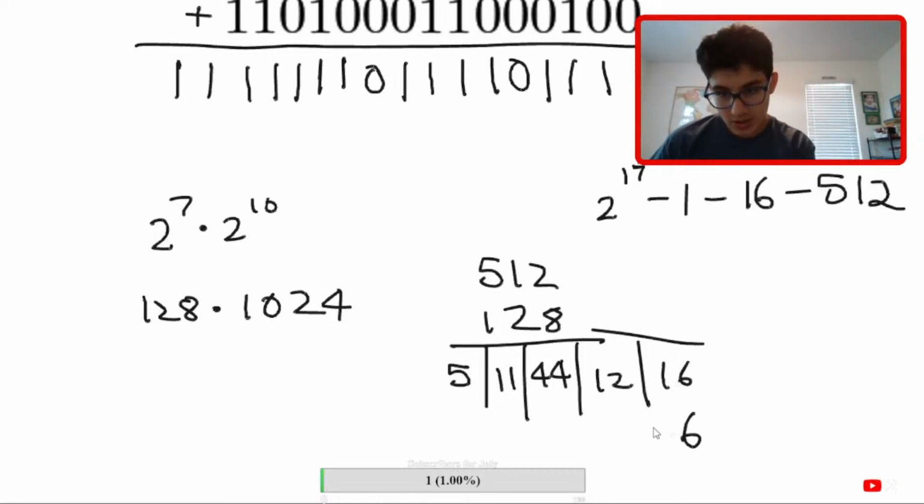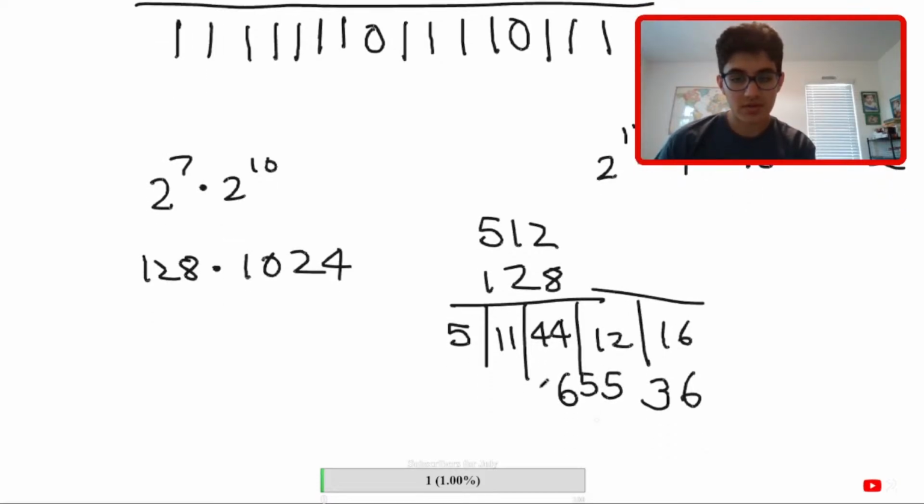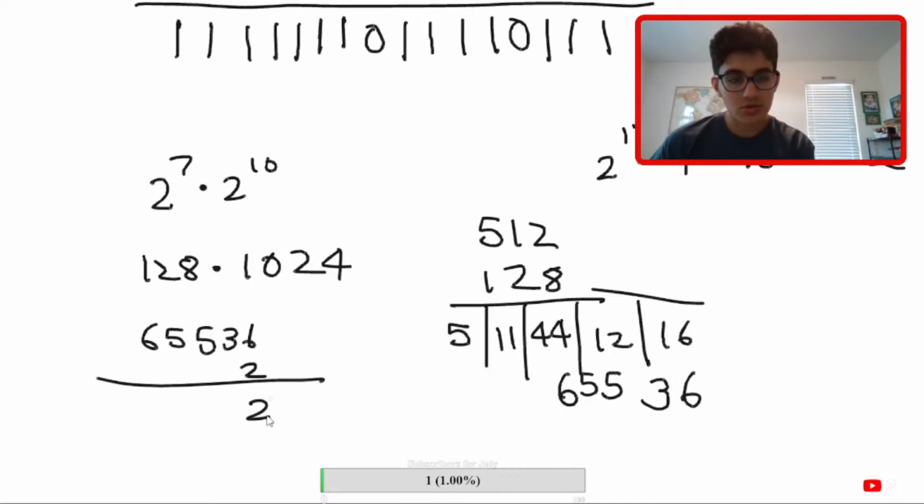So this becomes 6, this becomes 3, this becomes 5, this becomes 5, this becomes 6. 6, 5, 5, 3, 6. Then we multiply that by 2. This becomes 12. So 1, 7, 0, 1 over here. Again 1, you carry over another 1, 12, 13. This is what we have.